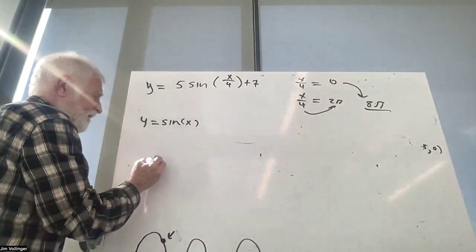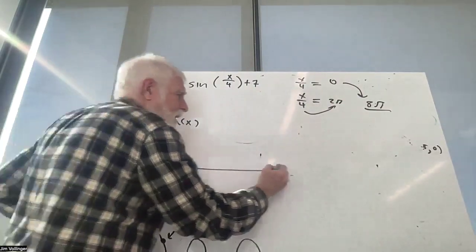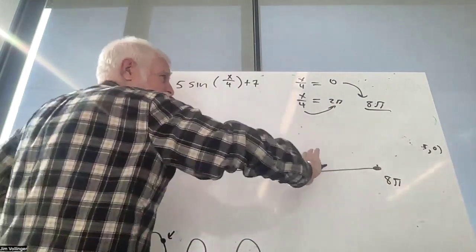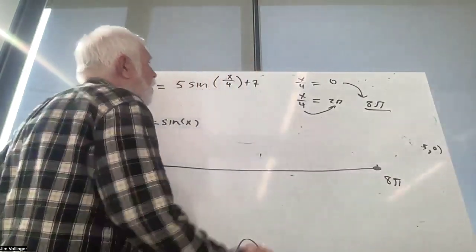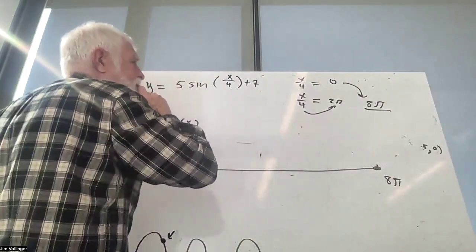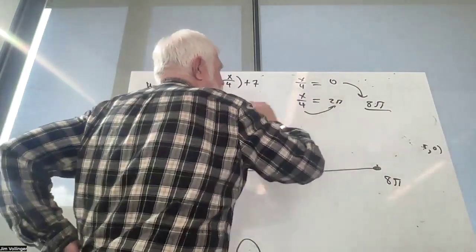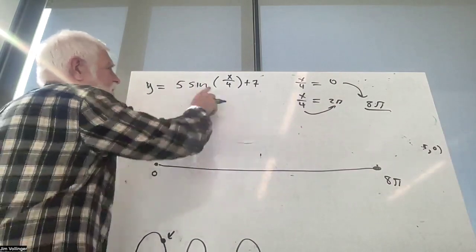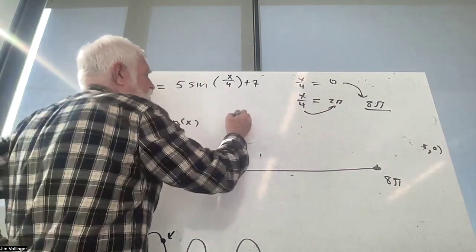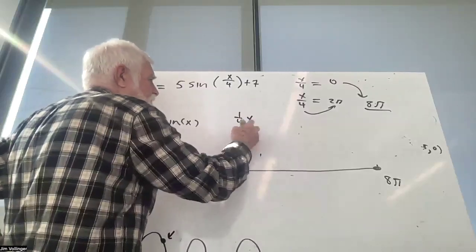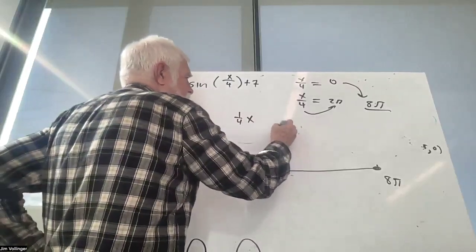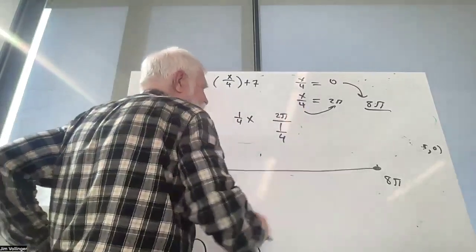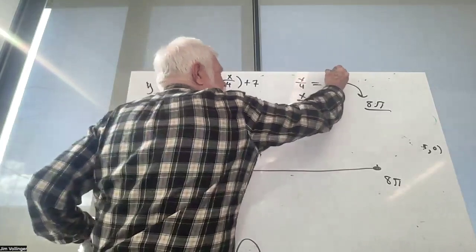All right, so I'm starting at 0, 8 pi units later, which really is 4 times what I drew before. Oh, 4 times. Oh, yes. Division became multiplication. So I'm multiplying x by 1/4, and if I take that multiplier and divide it into 2 pi, oh, that's a quick way for getting that period, providing I know where I'm starting.